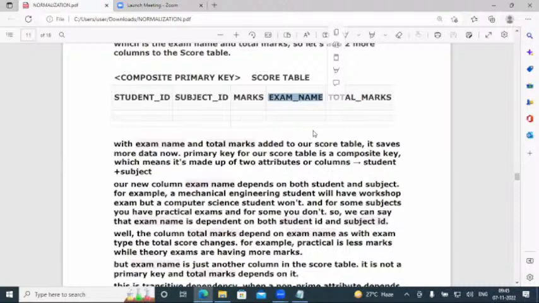How do people decide that 100 marks? Based on examination names. How many examinations? Two examinations, theory and practical. If theory is 75 and practical is 25 for a particular subject, then that subject's total marks is 75 plus 25, which equals 100. That is called total marks.